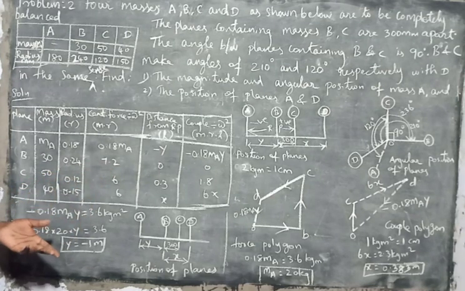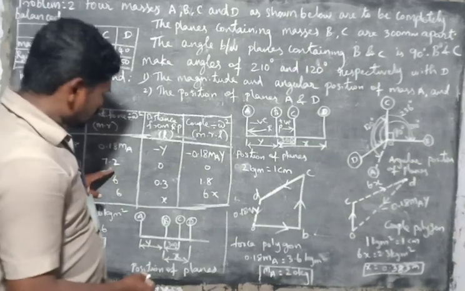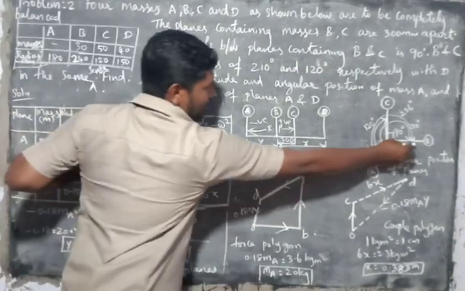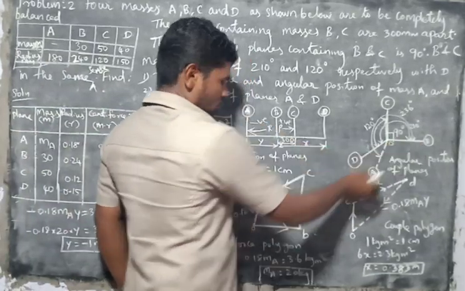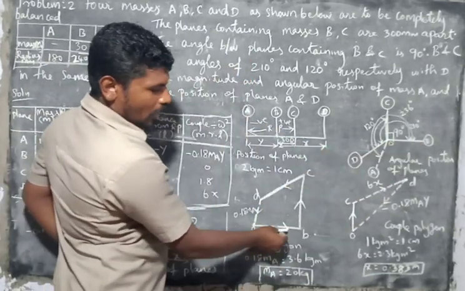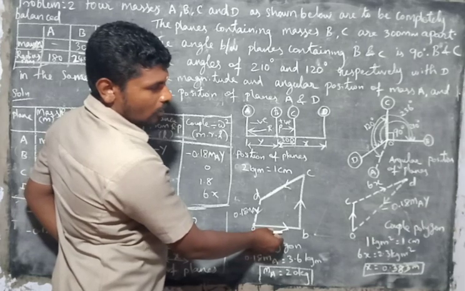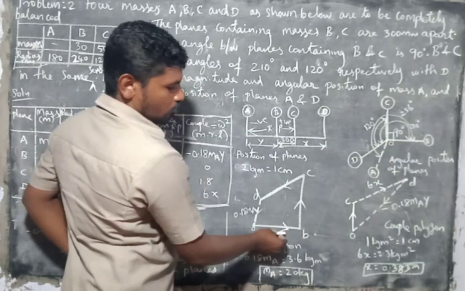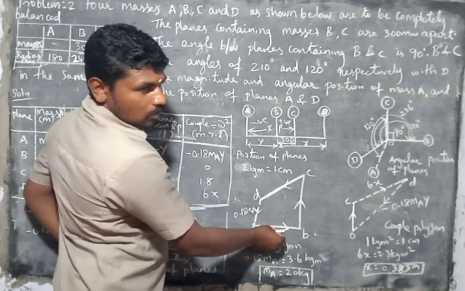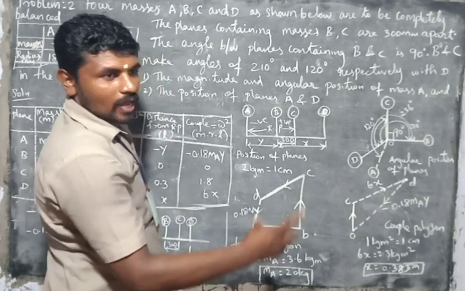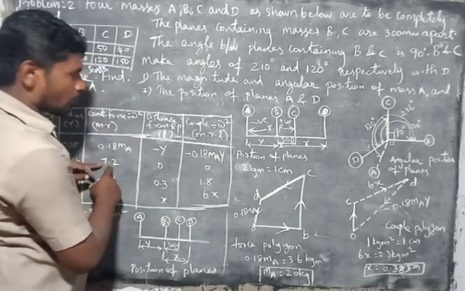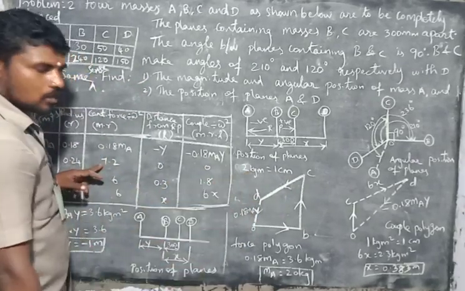So we are able to draw the diagram, right? I am going to draw a horizontal line parallel to the B plane. Mark the origin and draw a parallel line to the B plane in the angular position diagram. The length will be 7.2 divided by 2, that is 3.6.